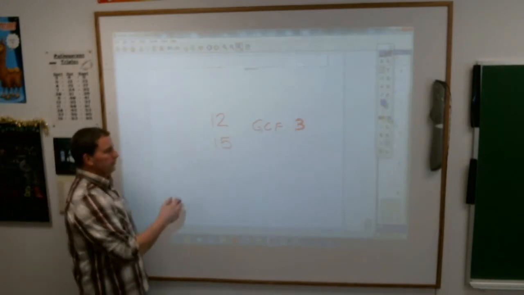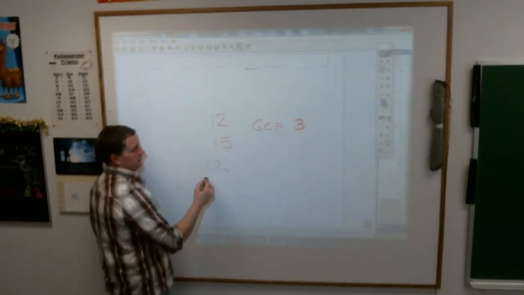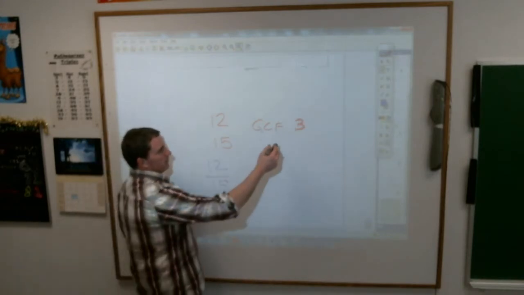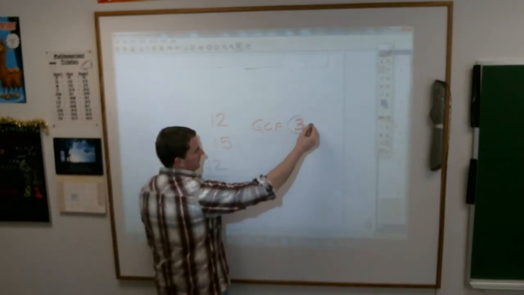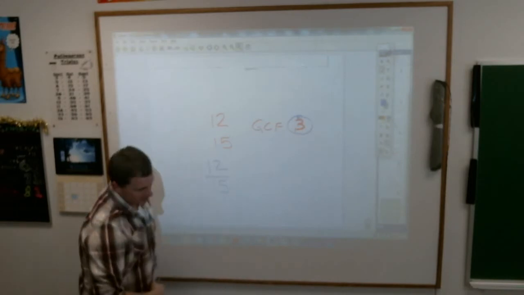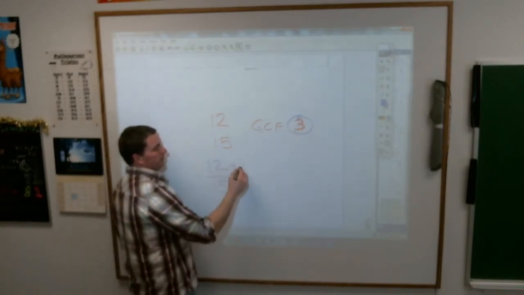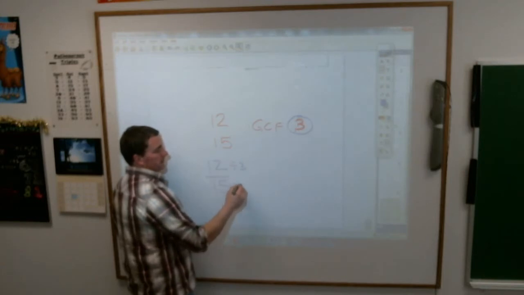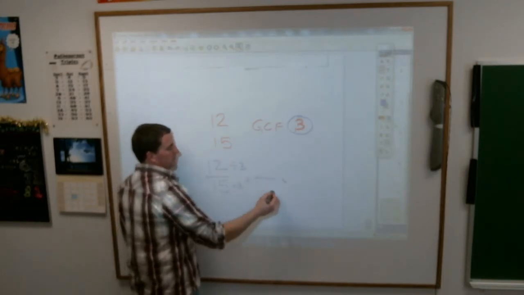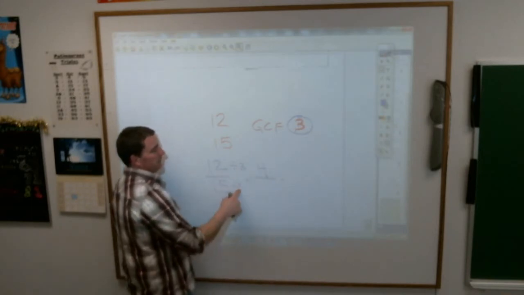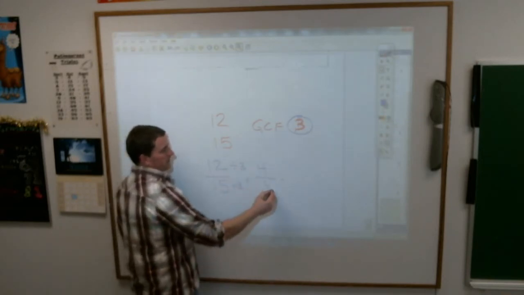If you have 12/15 for your fraction and you need to reduce it, you always want to reduce it by the greatest common factor if you can, because it's going to save you a lot of time. I want to divide both of these by 3, and my answer will be what if I reduce that fraction? 12 divided by 3 is 4. 15 divided by 3 is 5.